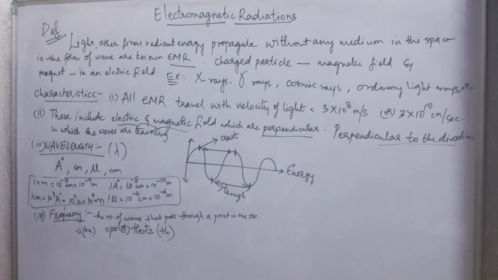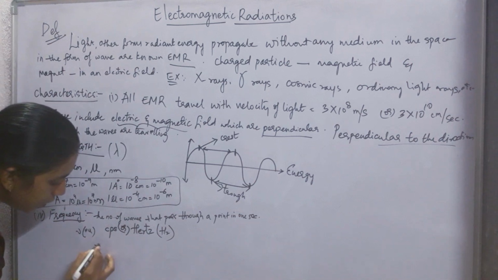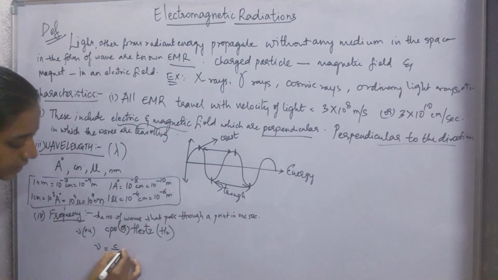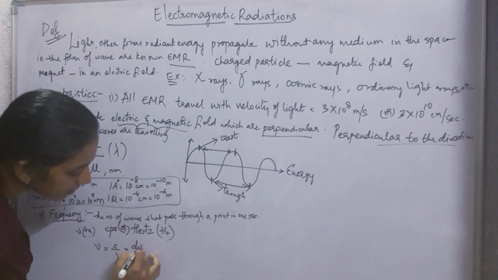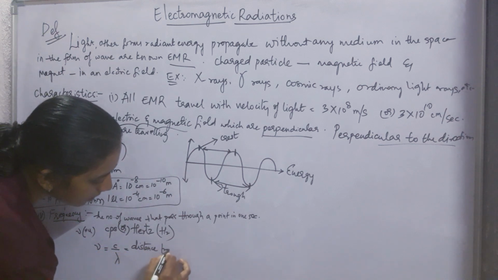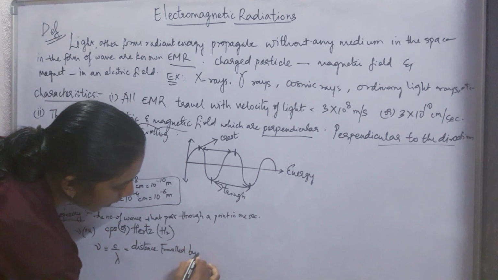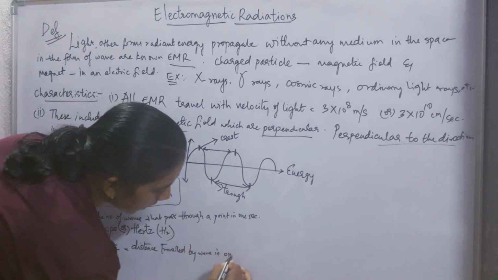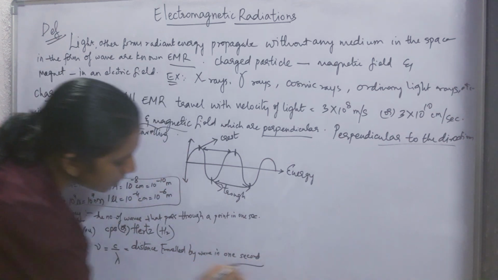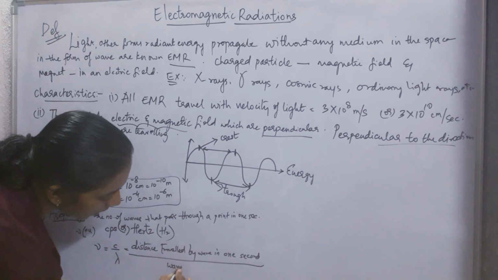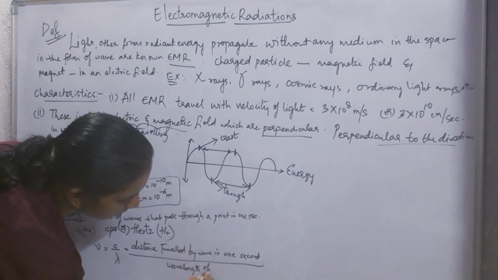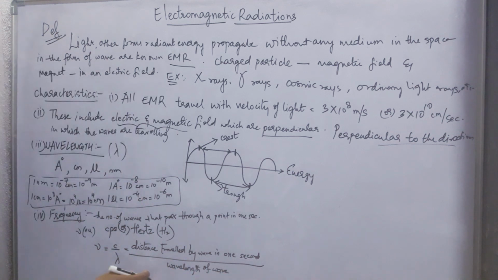Okay. So frequency nu is equal to c by lambda. What is c here? The distance traveled by wave in 1 second, which is divided by the wavelength of a wave. So when we calculate this, we will be getting the number of waves that pass through a point in 1 second, which is the frequency.